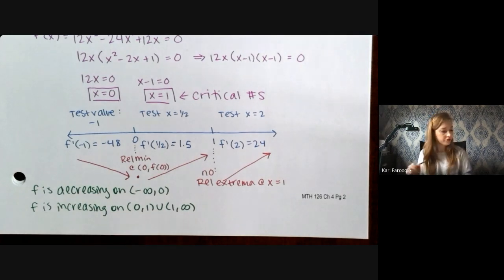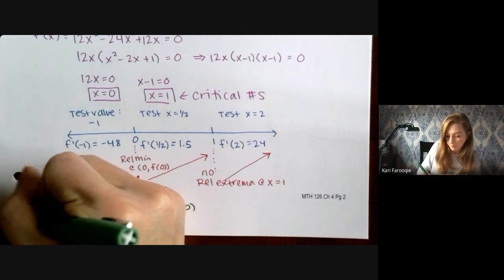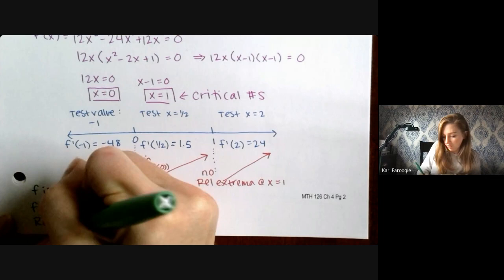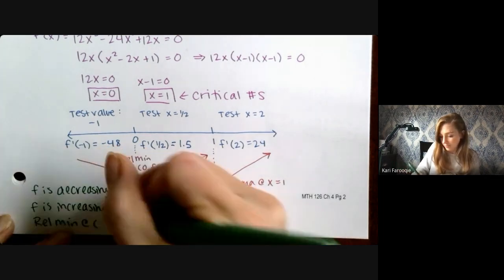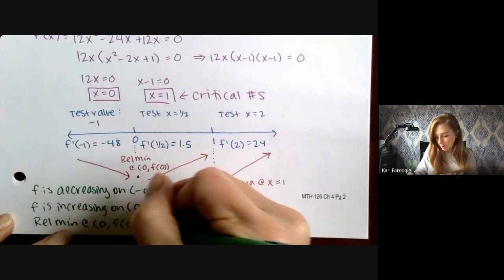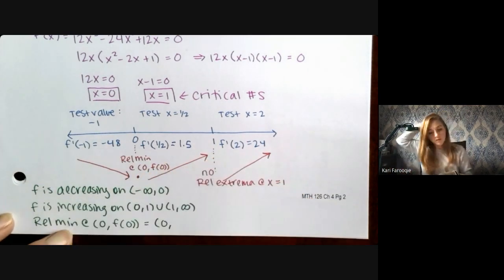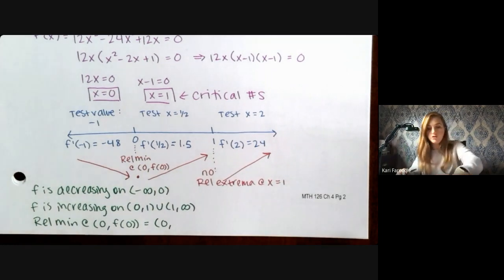The other thing that you need to include in your answer is the value of the relative minimum. I sort of listed it here. You have a relative minimum at 0, f of 0. You need to figure out what f of 0 is. So for that, you're going to go back to your original function f.